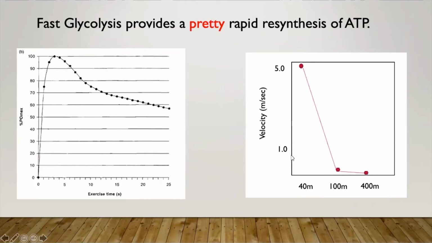So this concept of pretty rapid is again illustrated here in some diagrams. Power increases pretty quickly. Velocity is high, and then it decreases as you go further distances. So the initial peak power and the faster velocities at shorter distances are supplied by energy from the phosphagen system.